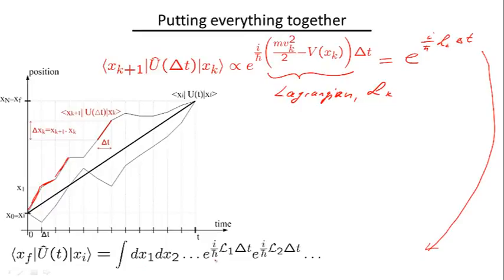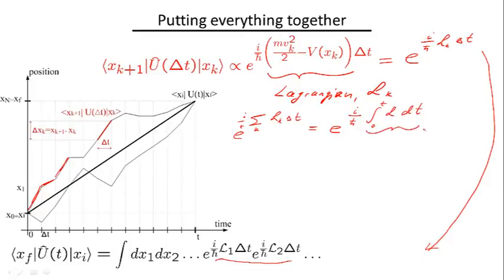So now the last step in the derivation is just to recognize that the product of the exponentials can be written as an exponential of the sum, i over h bar L sub k delta t, and as delta t, the time interval, goes to 0, we can simply write it as e to the power i over h bar, an integral from 0 to t of L dt.